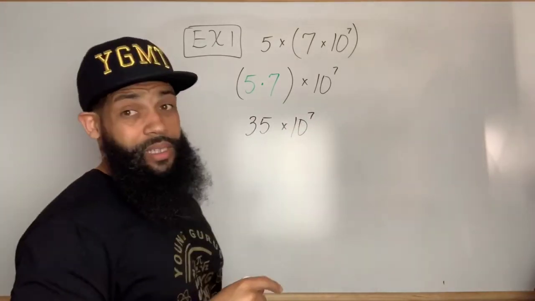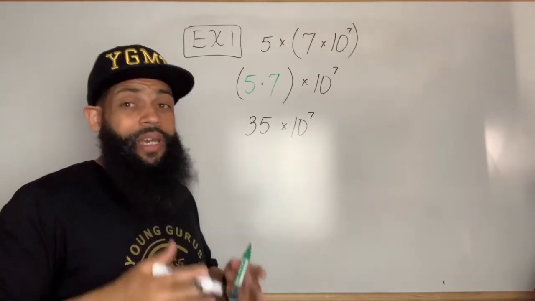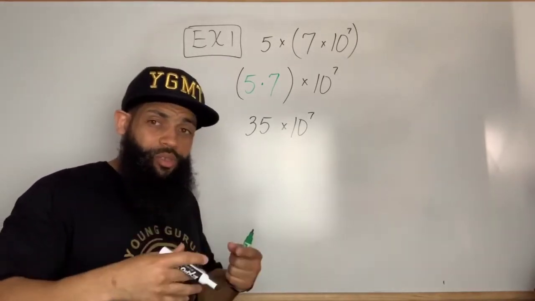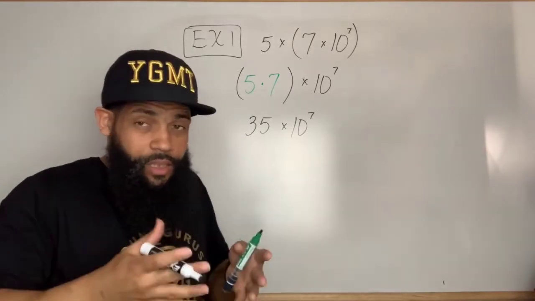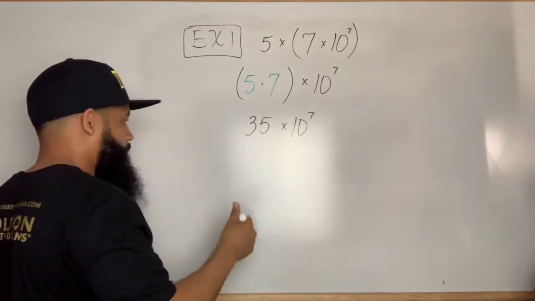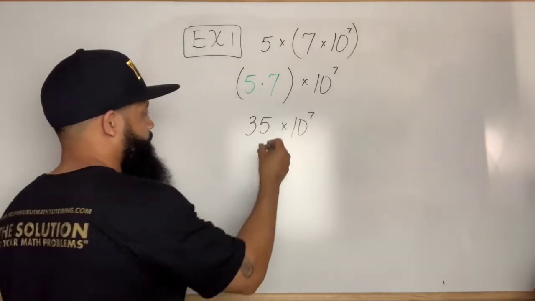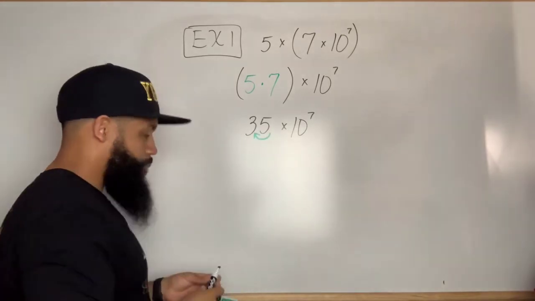But this is not scientific notation because remember, that first number has to be between 1 and 10. If you're not sure about that, pause it and maybe go watch the video on scientific notation. So I need to take this decimal and move it to the left.